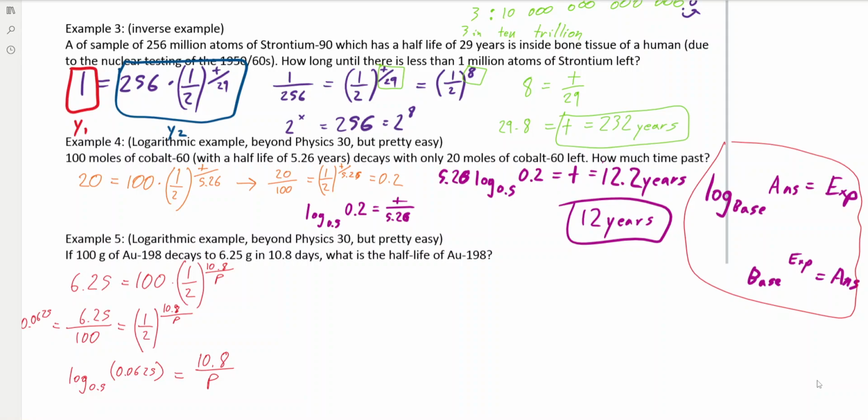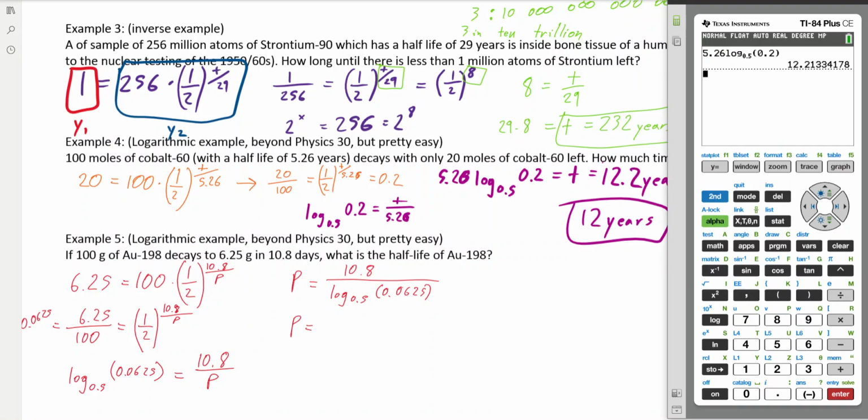Okay, so I use my log rule. Now I need to solve for P, so I'm going to move the P over and divide by the other part. So it's going to be P equals 10.8 over log base 0.5 of the answer, which is 0.0625. And that will be our final answer there. So let's now plug it into our calculator. 10.8 over math to get to the log base.